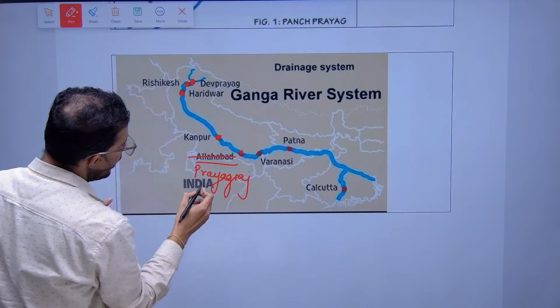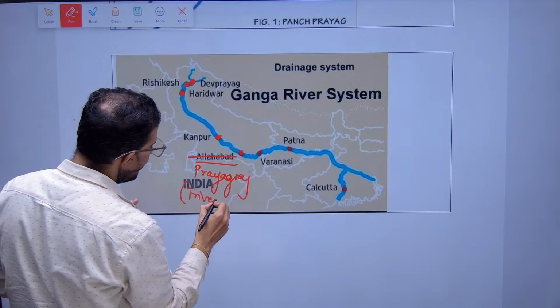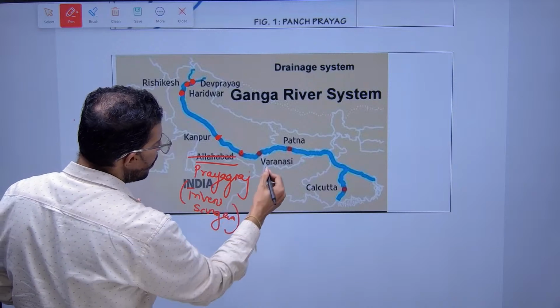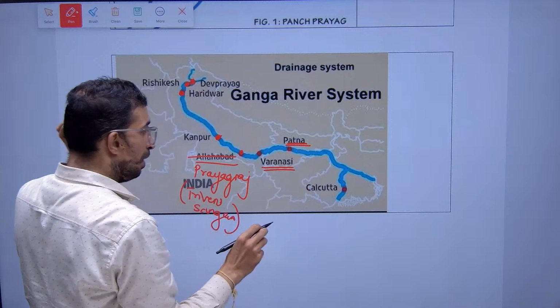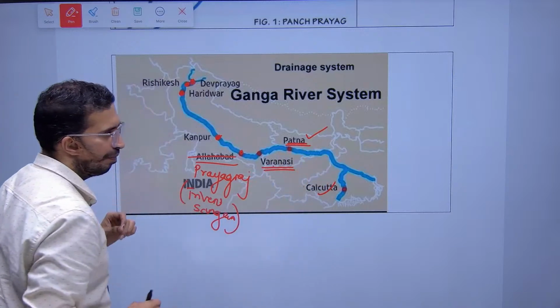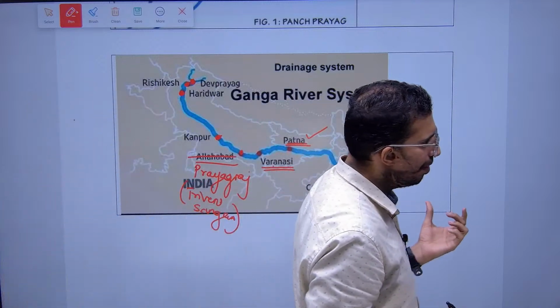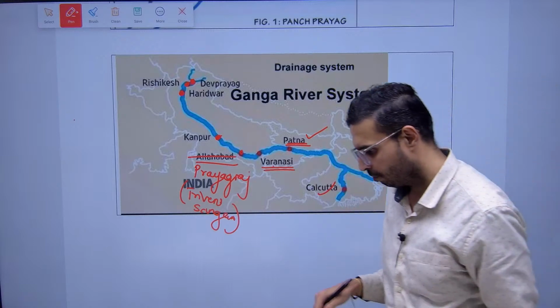Prayagraj, where the Yamuna river meets, is also known as the Triveni Sangam. Then Varanasi, not Ayodhya, this one Varanasi, then Patna and Kolkata. These important places are situated on the banks of river Ganga.